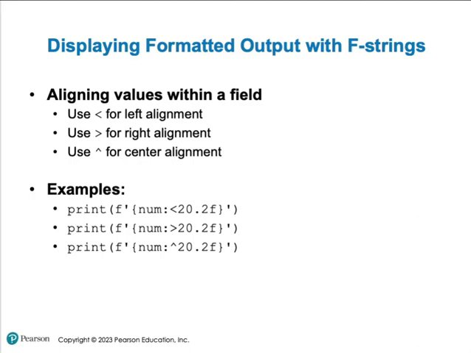You might want right alignment because you're doing dollar amount calculations, or you might want to center things, which you can do with the caret, which is a shifted 6. So these examples are left justifying, right justifying, and then centering output in 20 characters.